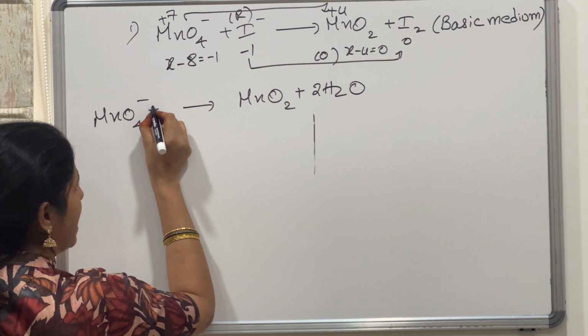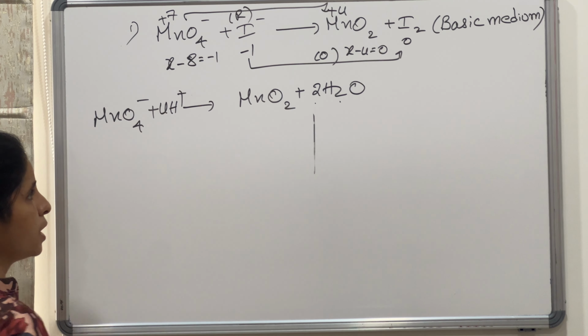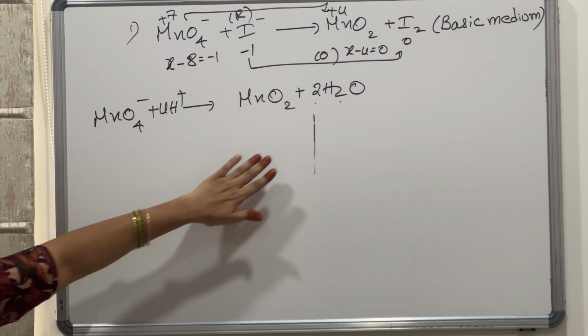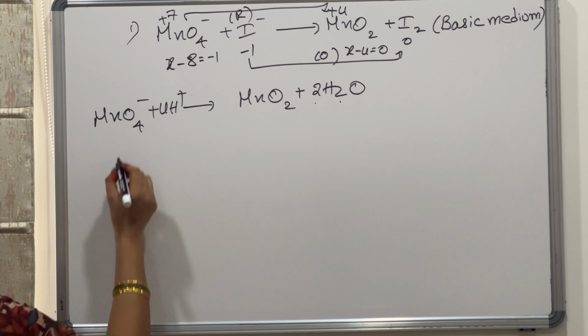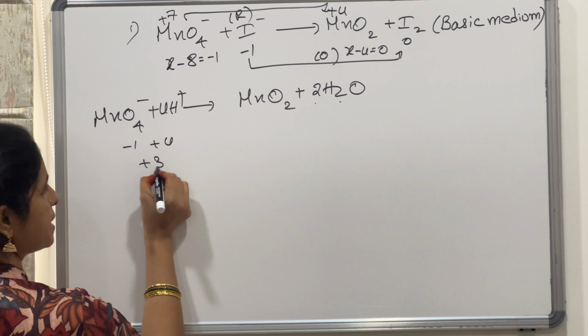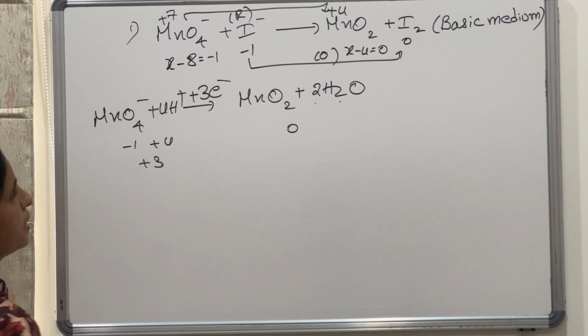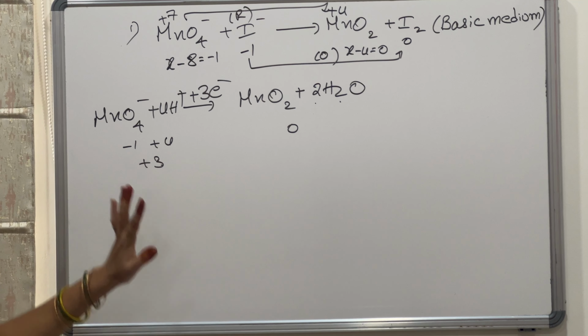To balance the hydrogens, 2 2s are 4, 4H plus. Next you need to balance the charge. Here it is -1 plus 4, so it is +3, and 0 this side, so add 3 electrons. If you add 3 electrons, then this equation will be balanced.